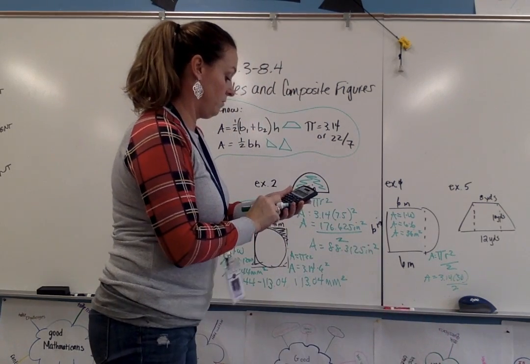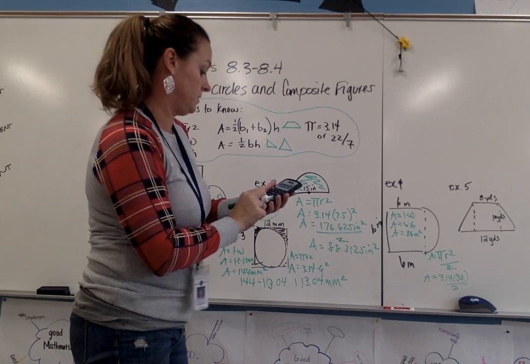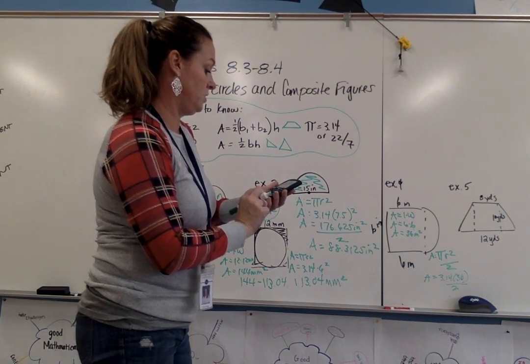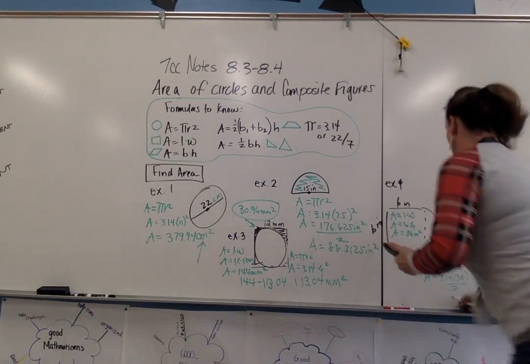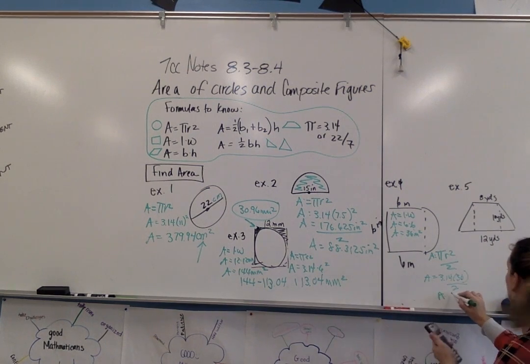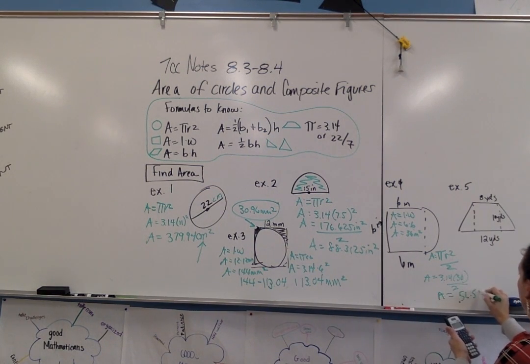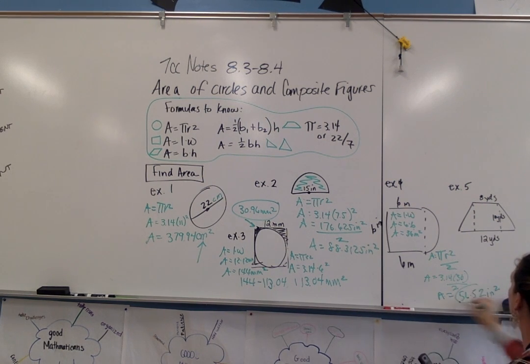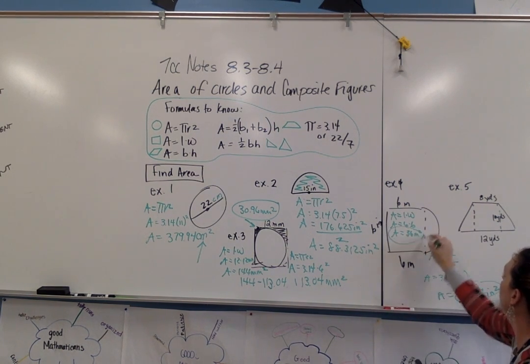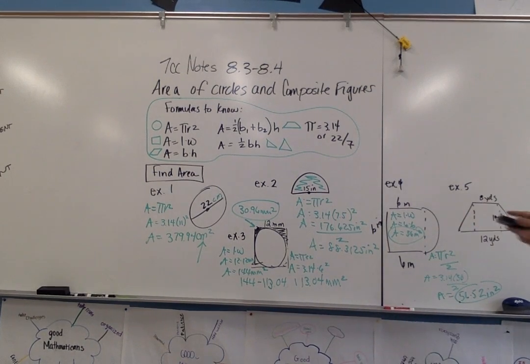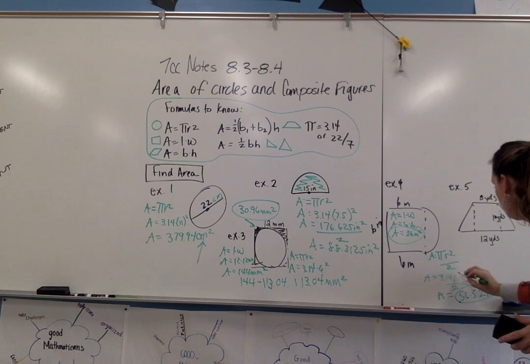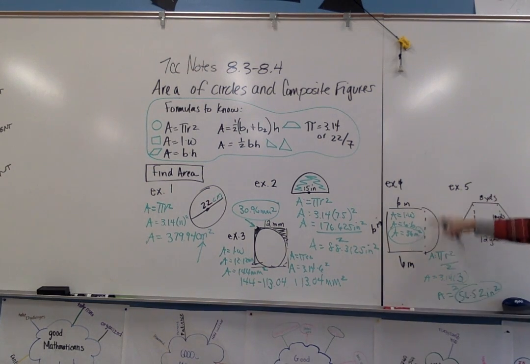So I have 3.14 times 36 divided by 2. This is going to end up equaling 56.52 inches squared. And then I'm going to add this with this. 3.14 times 36, no, this should be a 3, because you see what I did here?